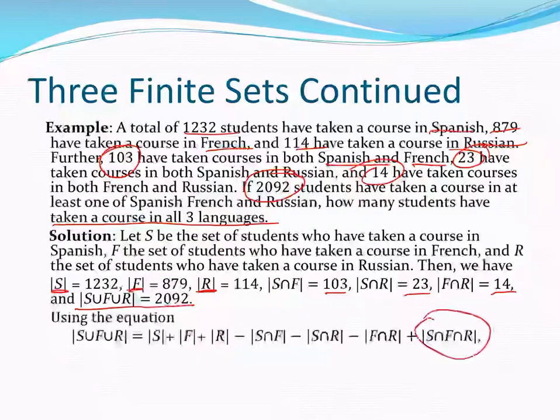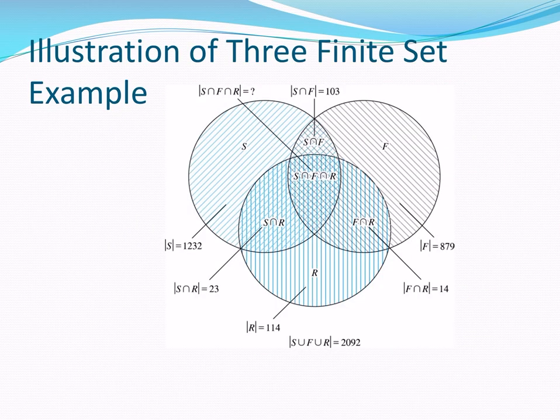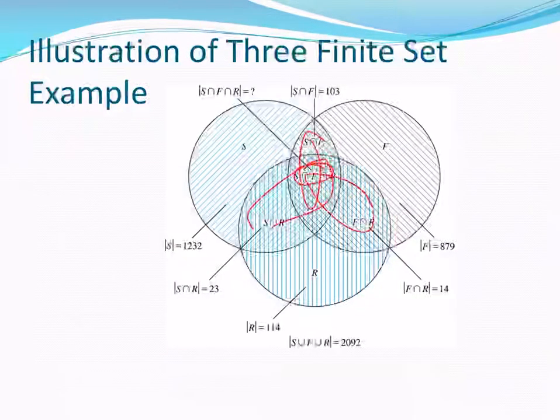I know everything but that. Let's calculate that to be 7 are in all 3 languages. Truly gluttons for punishment. And here's another diagram that shows each of those sets. Here's the triple intersection, the double intersection in all cases, and the single sets.